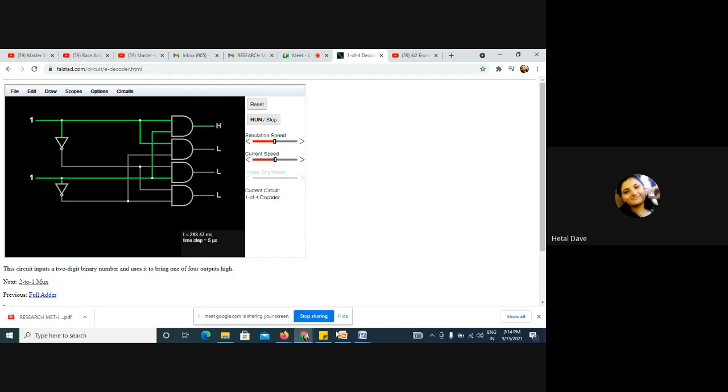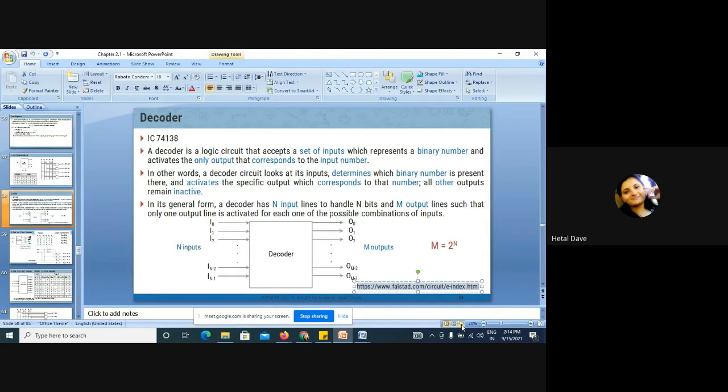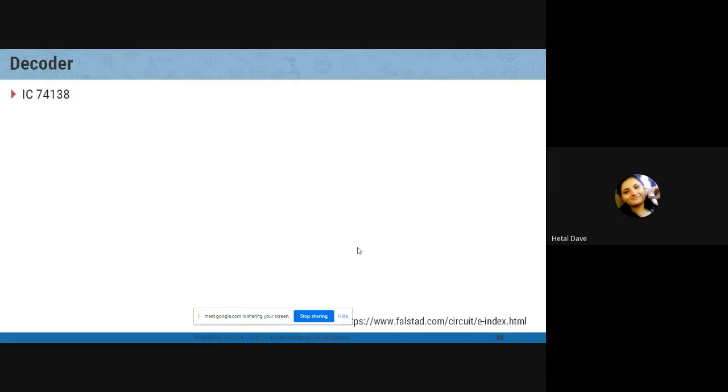Here we can start the description of the decoder. A ready-made IC is available, the IC 74138. 74 series means it is a digital IC, and 38 means a decoder which has 3 inputs and 8 outputs. In this animation, how many inputs were there? 2 inputs, so 4 outputs. Decoders are available with n number of inputs and m number of outputs.